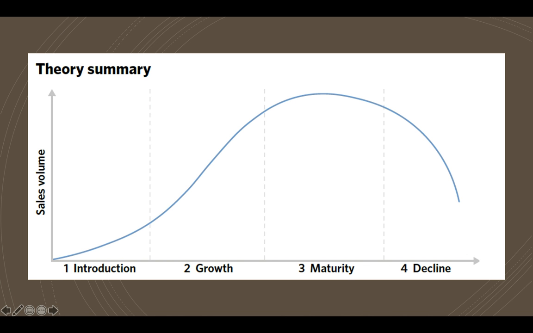You have growth, pretty self-explanatory. That is when sales are significantly growing. You've got maturity, so sales start to steadily pace themselves, I suppose. They don't grow, but they're not super declining either. And then you have your decline.